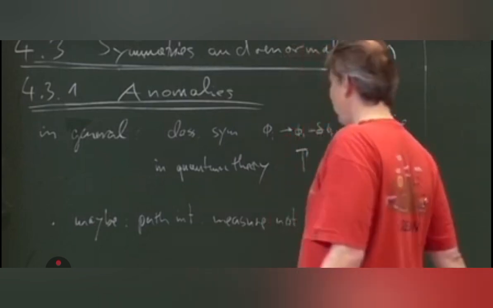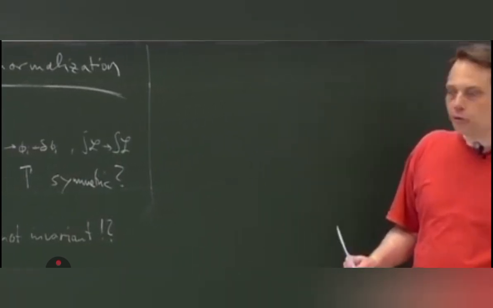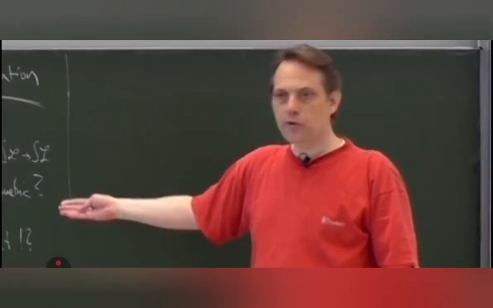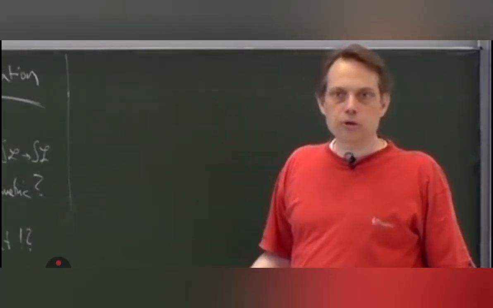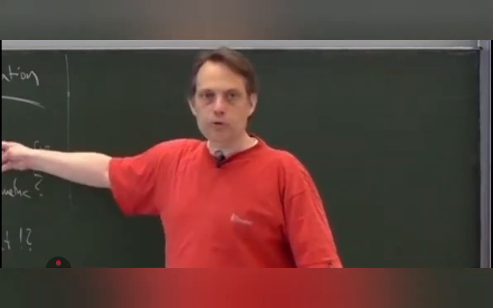Remember that the path integral measure is essentially equivalent to setting up a regularization and renormalization procedure. So you could as well say your regularization and renormalization procedure, how to deal with divergences, how to subtract them, is incompatible with the symmetry.